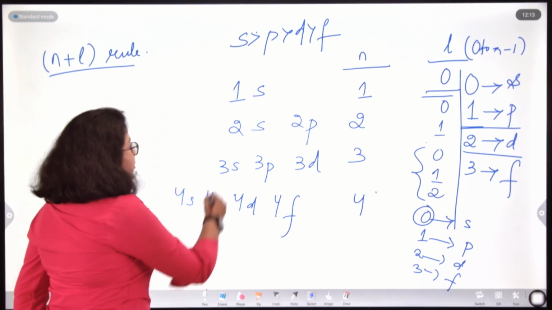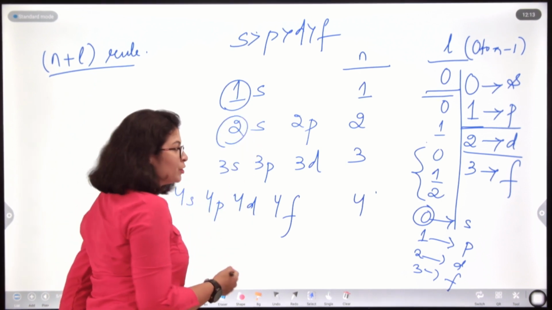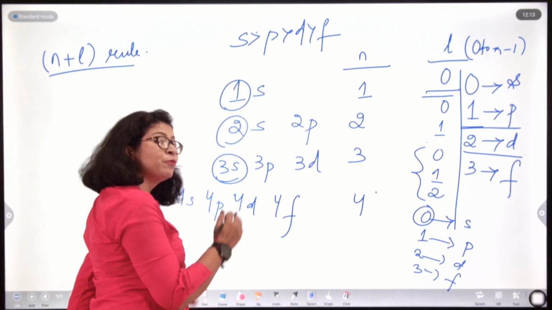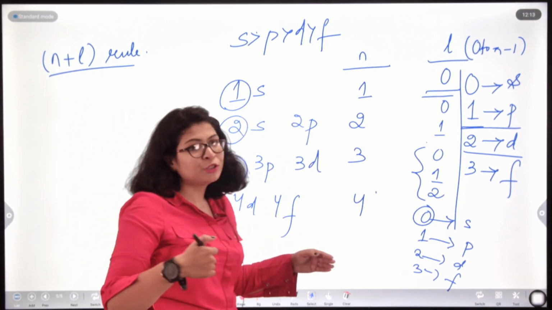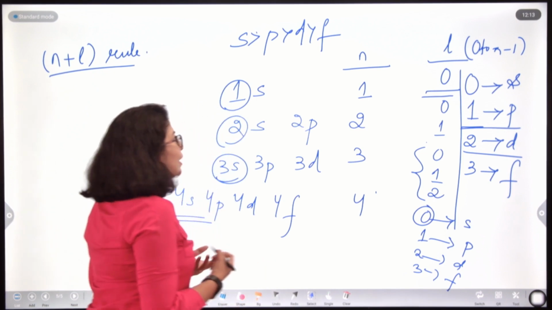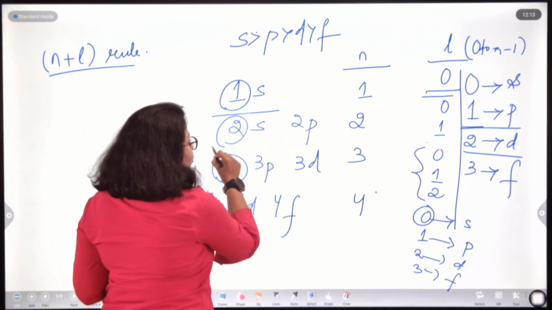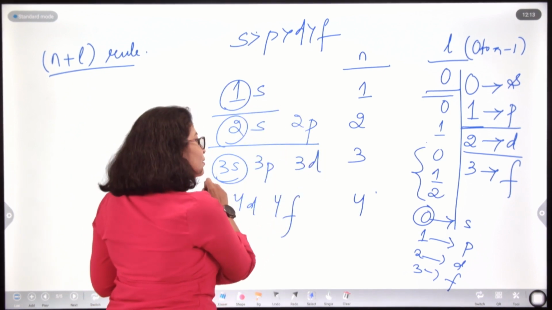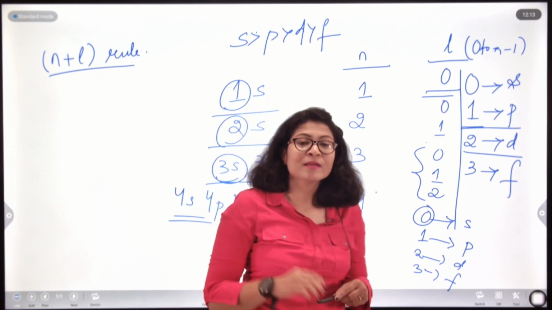The first orbit will have a lower energy, the second orbit a higher energy, the third orbit a still higher energy, and so on. So the value of 1s should be least, and 2s and 2p should be more than 1s. Similarly, it would increase, but it does not increase symmetrically.